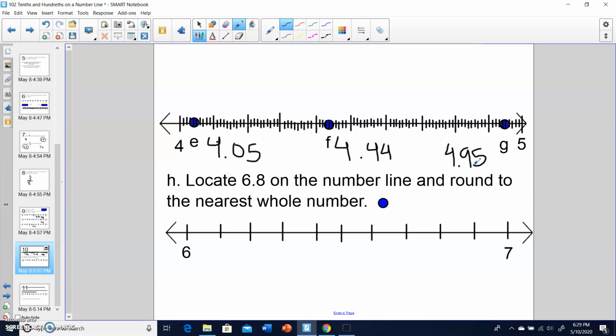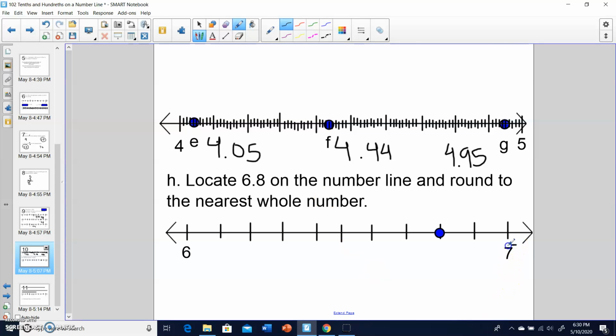Okay, locate 6 and 8 tenths on the number line and then round to the nearest whole number. Okay, so 6 and 8 tenths. All right, so I'm going to take my dot. This would be 1 tenth, 2 tenths, 3 tenths, 4 tenths, 5 tenths, 6 tenths, 7 tenths, 8 tenths. Now, is it closer to 6 or closer to 7 to round it to the whole number?